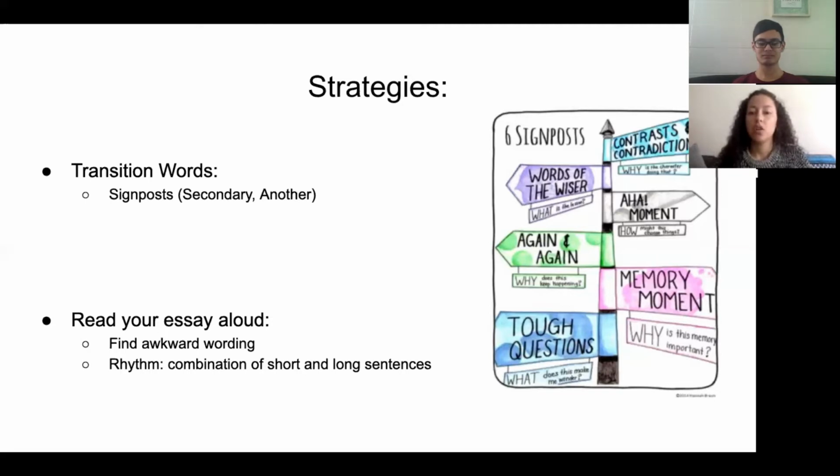Then you want to look at words of the wiser. So if you're reading a paper, you'd probably pay attention to any quotations that you might have and ask what are they talking about? And then you want to look at the aha moment.